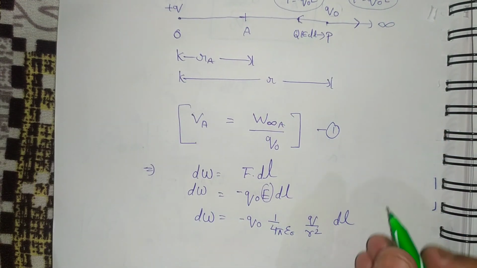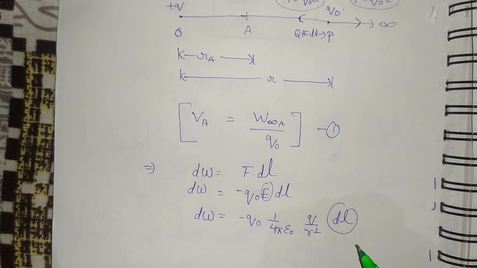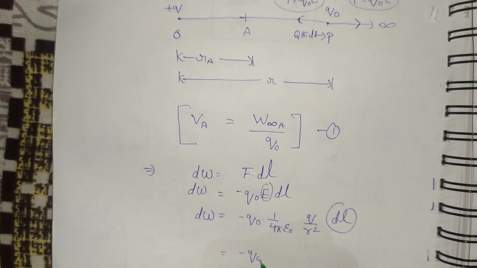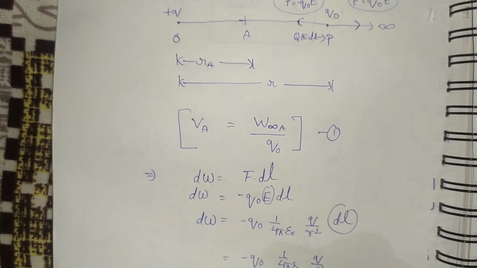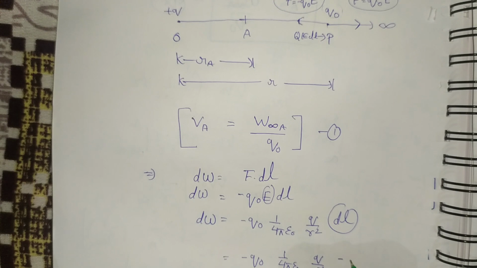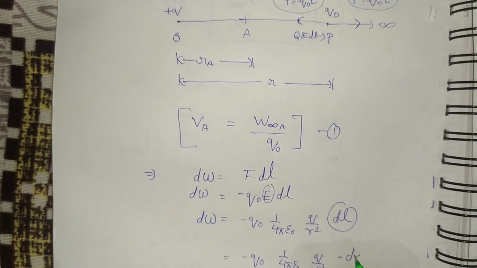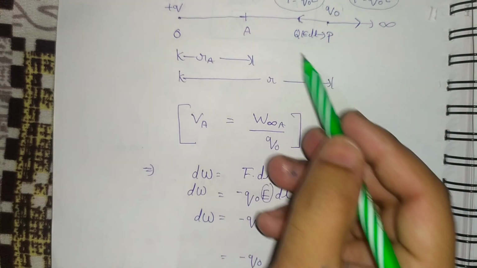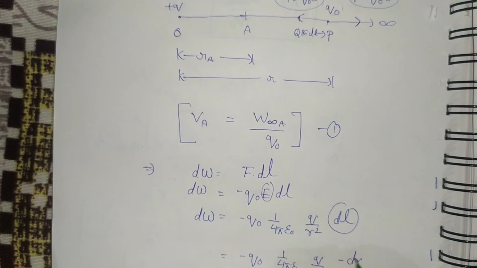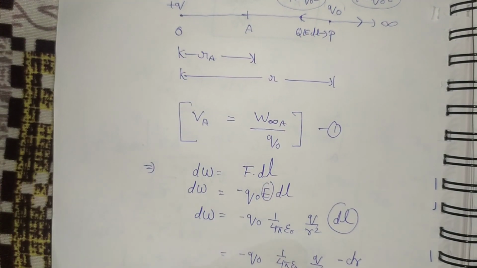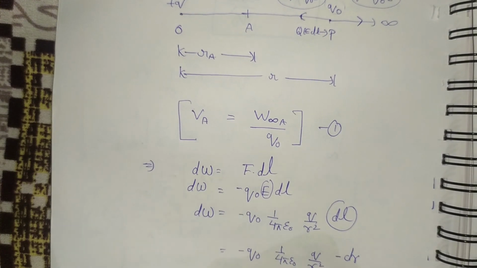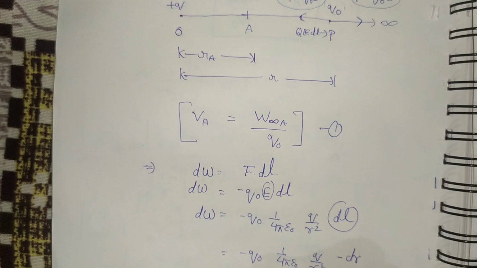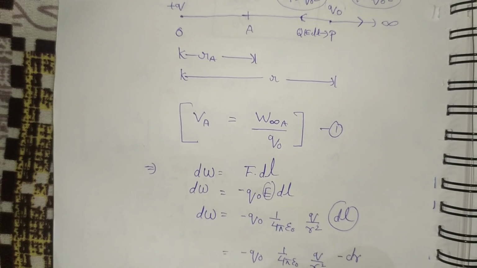So we can write this dl as minus dr, because dl is decreasing in the direction of dr. So we have the equation that is 1 upon 4 pi epsilon naught q naught upon r square and dr.